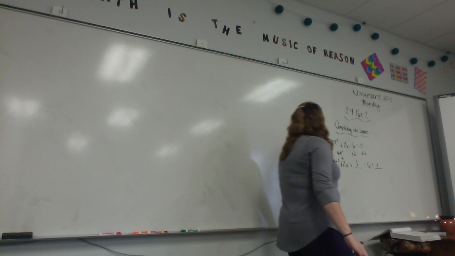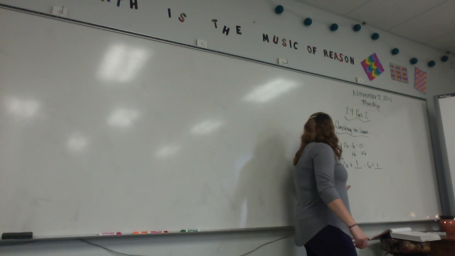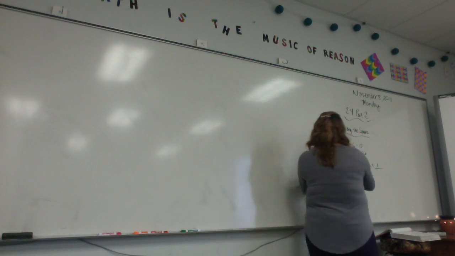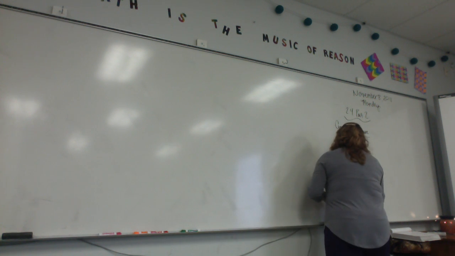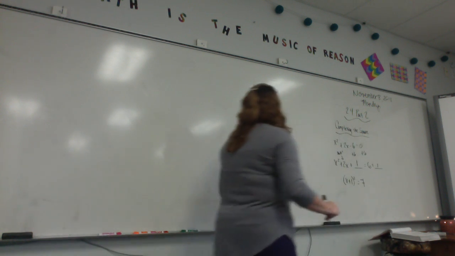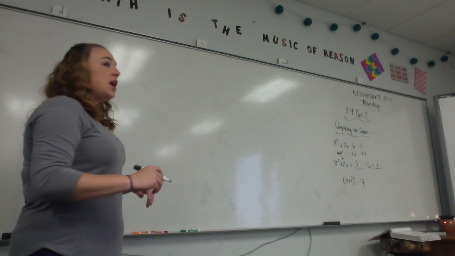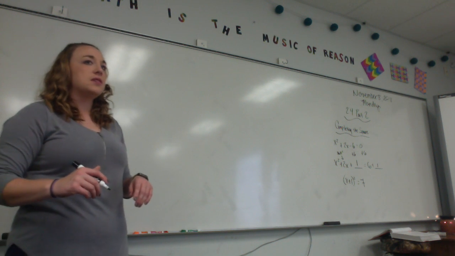Now, because I did that, I have a perfect square trinomial. So I can change this into x plus 1 squared equals 7. From there, I can solve. How do you solve this?